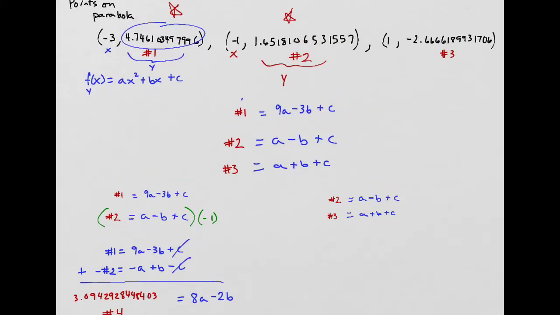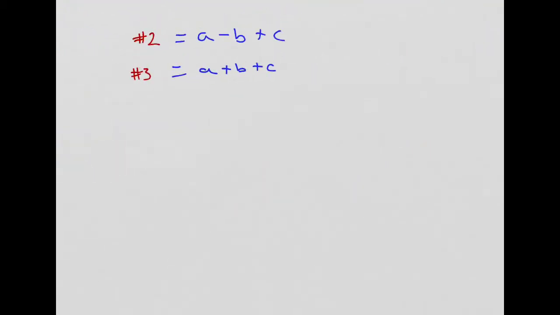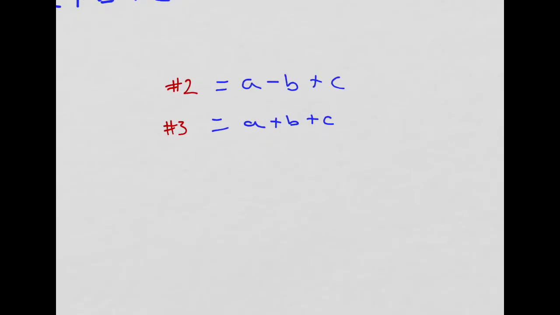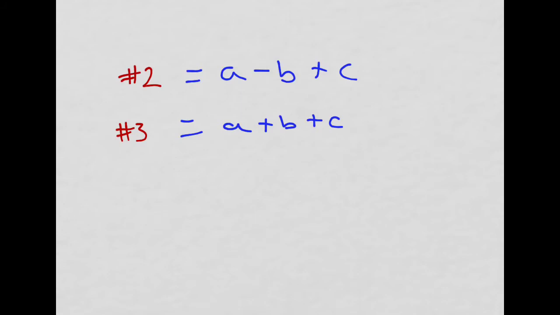Do you understand this? You do the same thing with this side. I'm going to do that real quick. Actually, what do you notice on this one? The b's cancel out. Can we cancel them out? No, we can't. Why not?